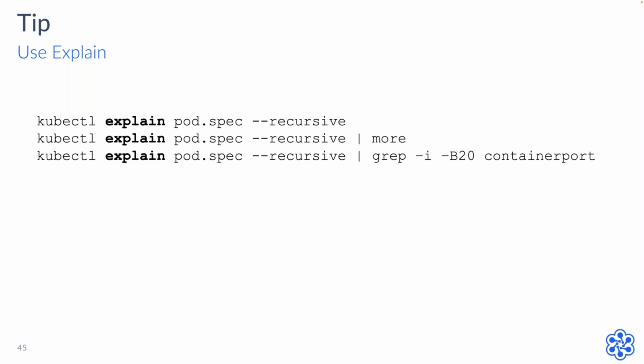And then I also leverage the -b20 parameter, which shows me the 20 lines previous to the matching line, which will show me the structure beforehand, which is more often than not the area of interest because you're trying to set up the structure within the manifest file.